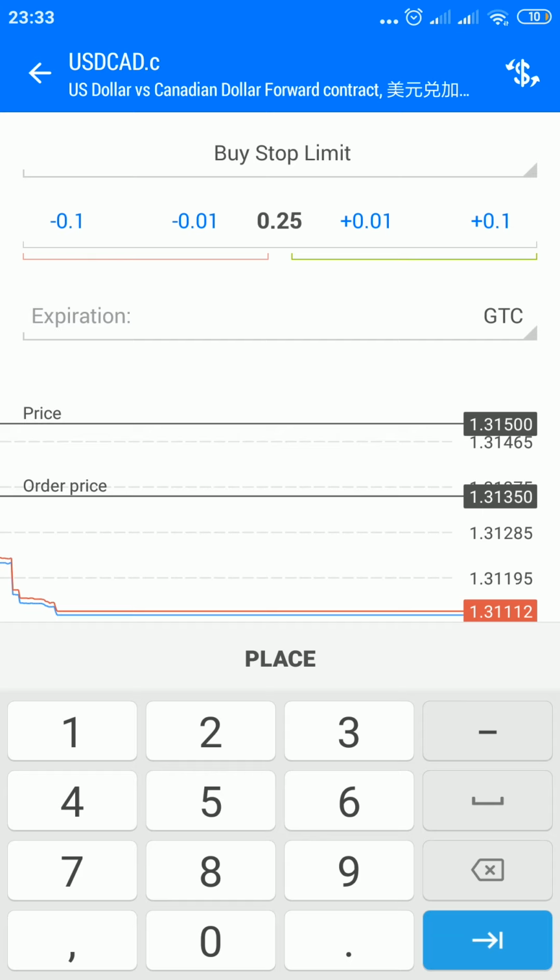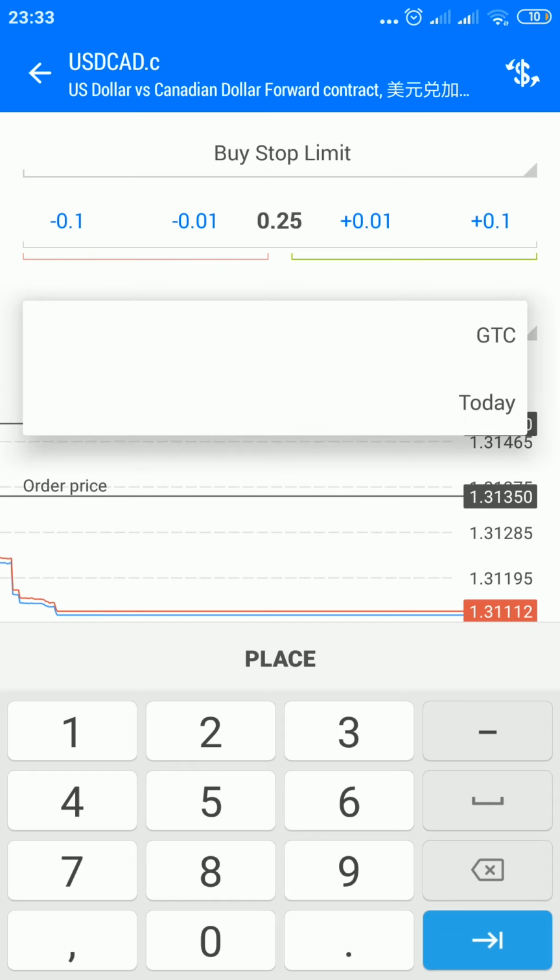By the way, this is another thing that could be useful: the expiration date, if you decide to change it. For example, if you're trading intraday only, during the day, some positions you might want to make sure are only valid today. For example, if you see that the price is trending in a very small channel, it just stays there.